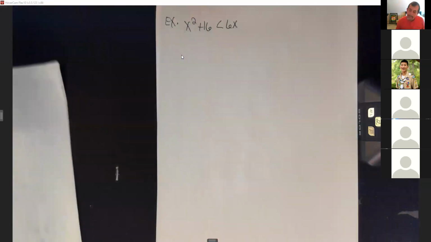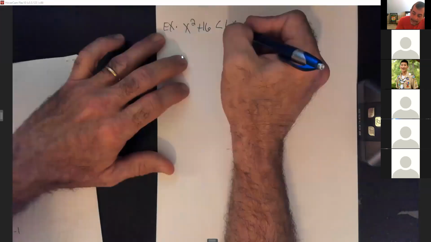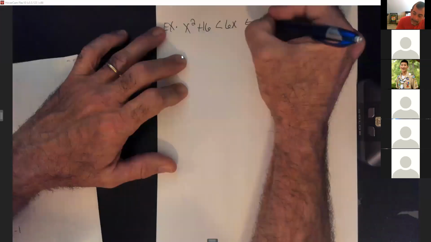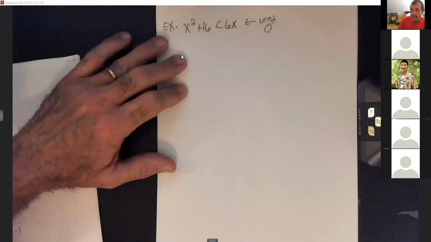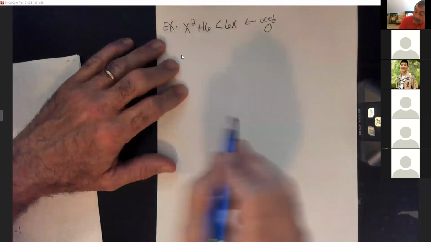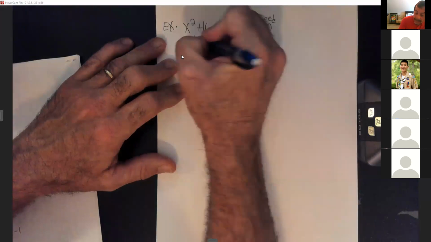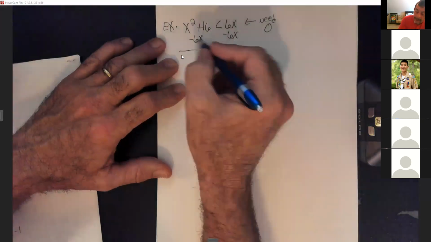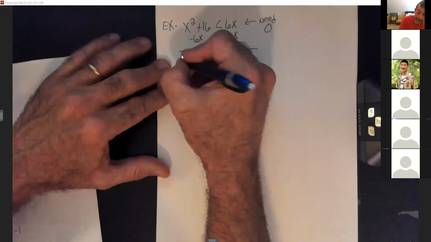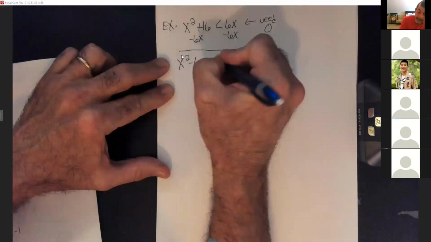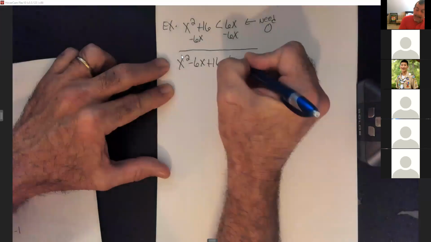So once again, I need to get a 0 there. So I'm going to subtract the 6x from both sides. So that's going to put it in the middle over here. So I get an x squared minus 6x plus 16 is now less than 0.